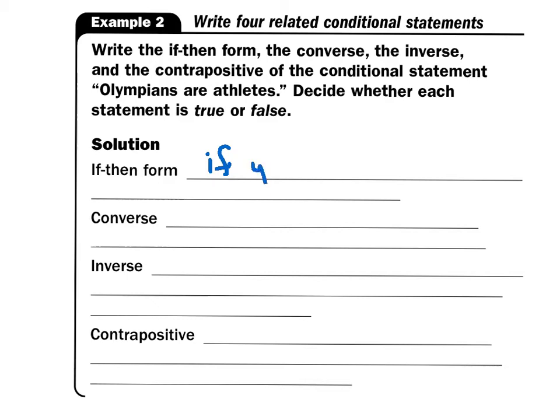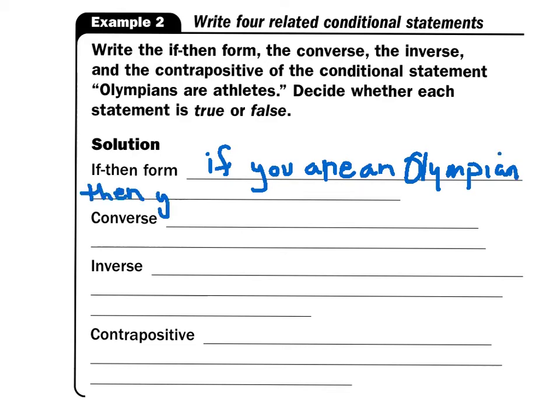If you are an Olympian, then you are an athlete. Decide whether each statement is true or false. Is this true? Sure.